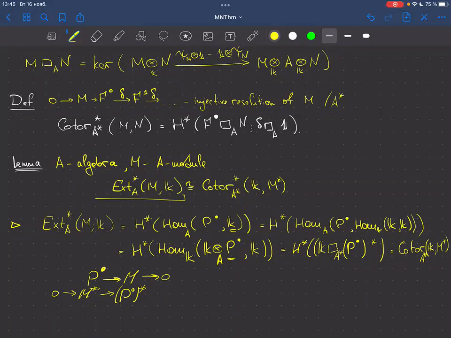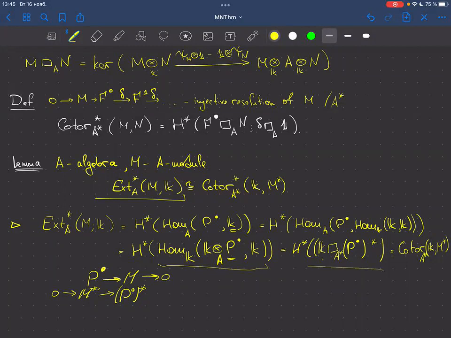Yeah, so the idea is that when you take the star, your modules become comodules and vice versa. Here we had Hom, then we take stars of each factor and obtain the cotensor product.